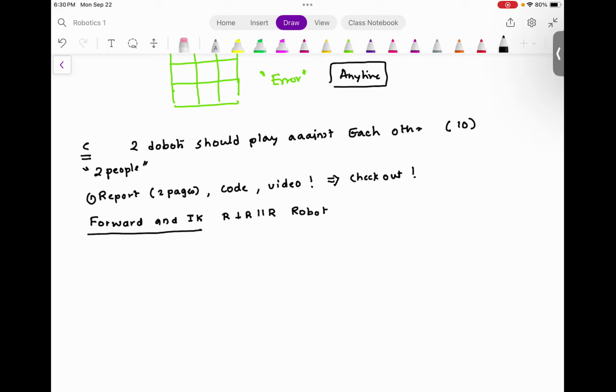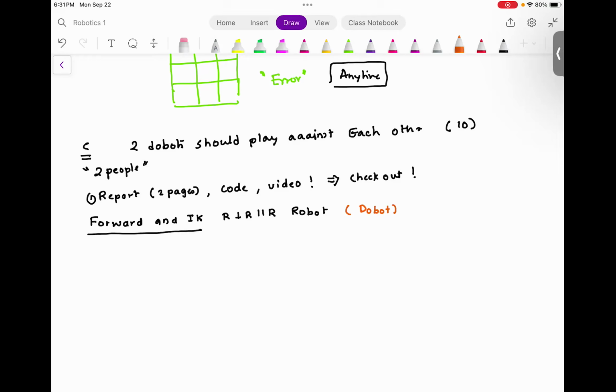I set up the coordinate system in last class, but I'm gonna work this problem again from scratch. Please understand, this configuration is exactly the same as your DoBot configuration. So DoBot is R perpendicular R parallel to R.